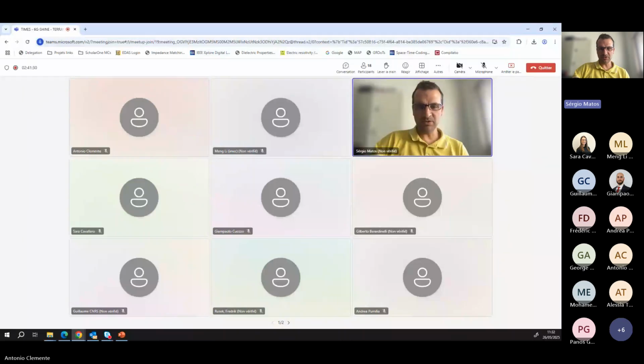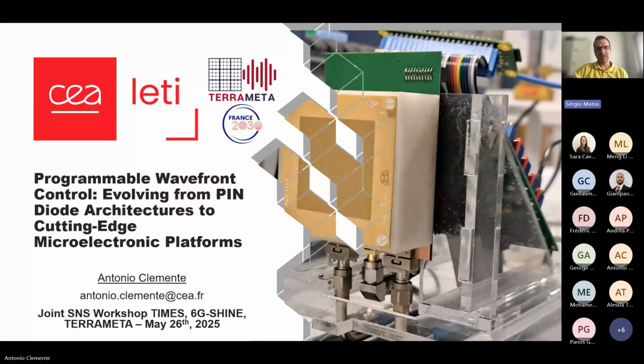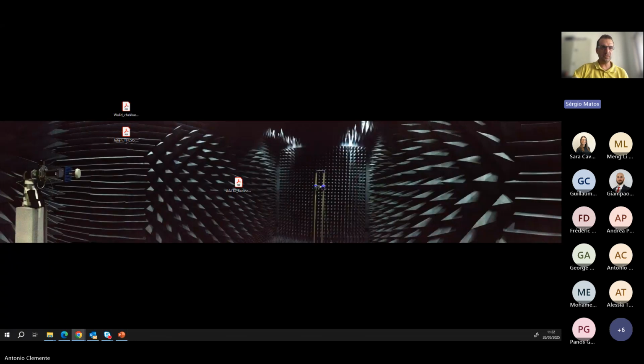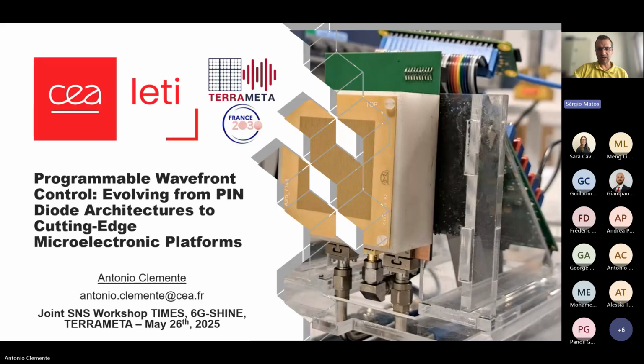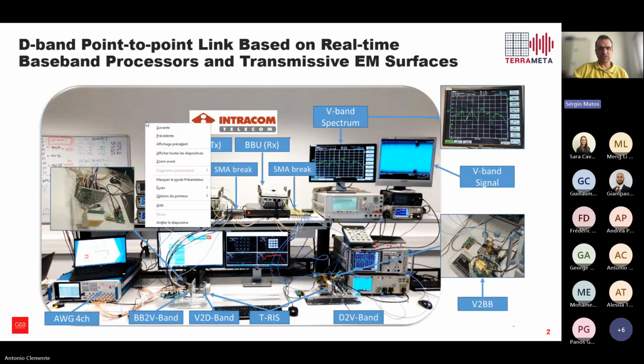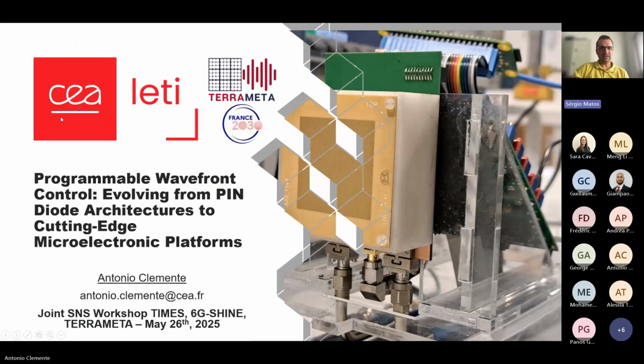So here I'm replacing Luis. Unfortunately, he was not able to come at last minute, but I'm also involved in the TERRAMETA project. I'm leading one of the work packages related to hardware. Now I have the pleasure to introduce my colleagues that have been working a lot on hardware.